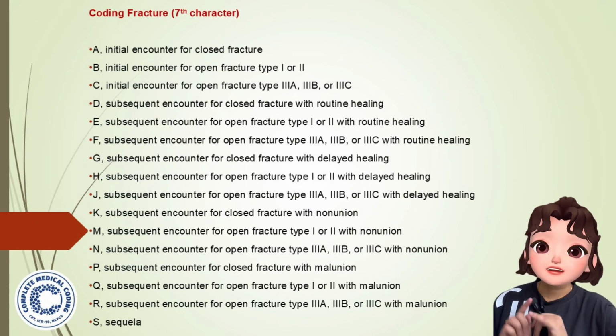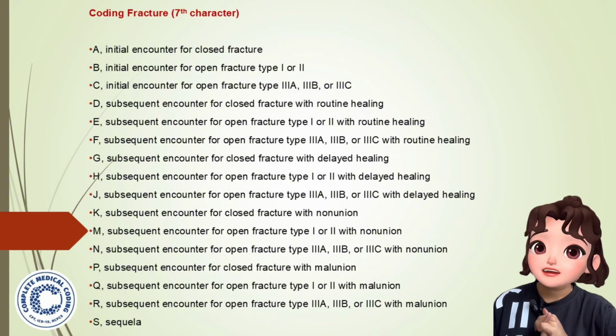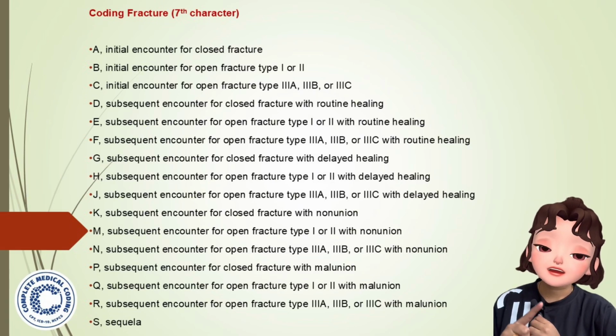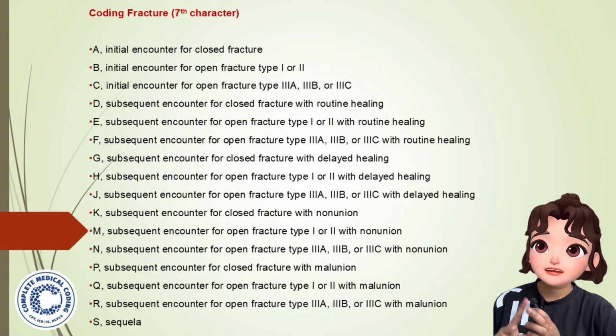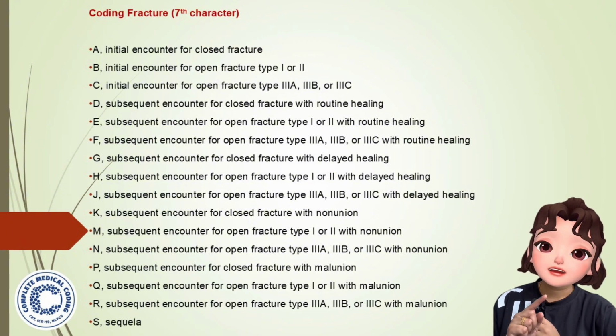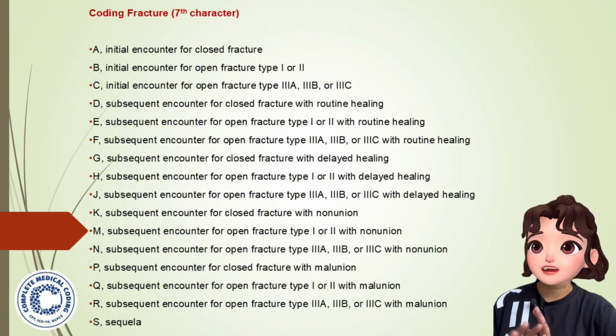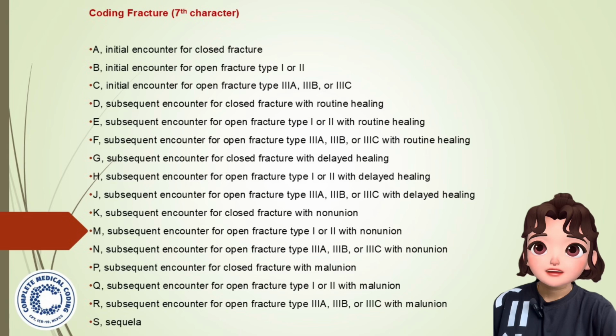Okay. So always use A for the closed fracture, initial encounter. And always use B for initial encounter, open fracture, grade 1 or 2. And C for open fracture, grade 3, whether it is 3A, 3B or 3C. Understood?